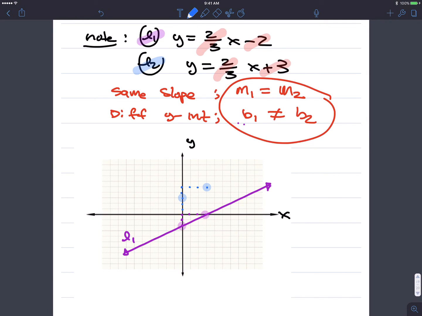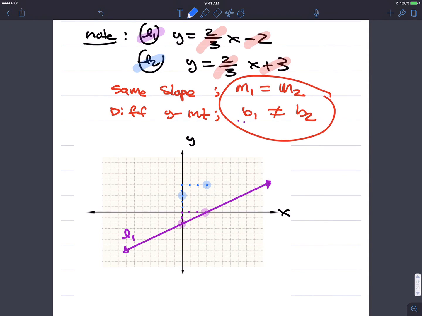Let's draw our line. This is my second line.